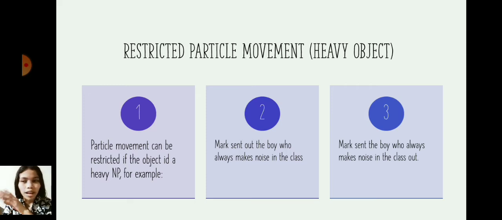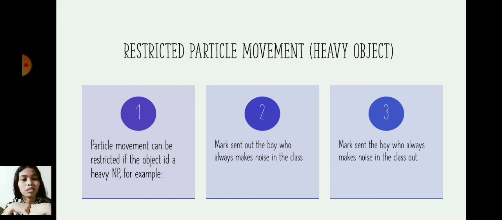As you can observe, the heavy noun phrase is the boy who always makes noise in the class. It is heavy because it is long. In our example, send out is the phrasal verb, so the particle is out. When we do the transformation movement, it became Mark sent the boy who always makes noise in the class out.